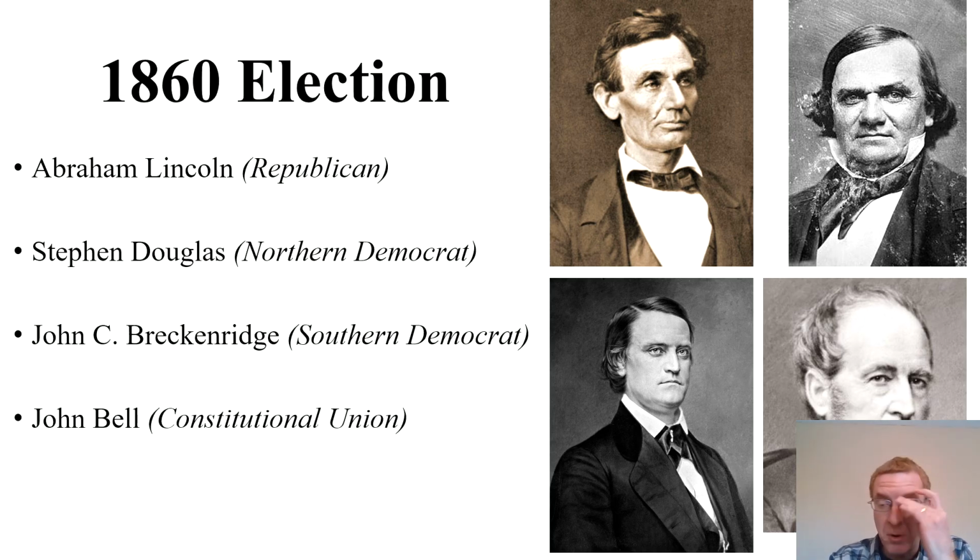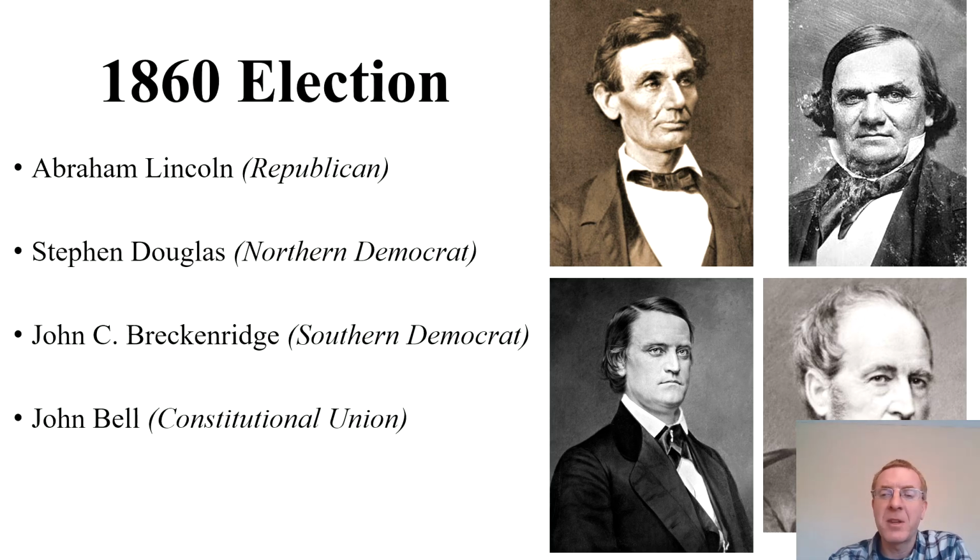Now, the Constitutional Union Party is specifically in favor of maintaining the United States Constitution, hence its name. And what they insist on is basically moving the country forward and preserving the Union, whatever the cost. They make a point of not even discussing slavery in their manifesto or in anything that they present publicly. They try to avoid it as much as possible.